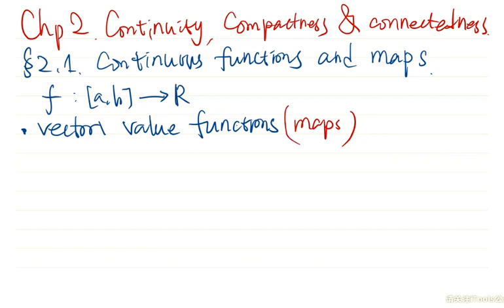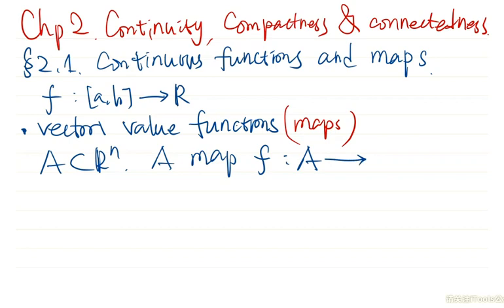Okay, suppose A is a subset of Rn, and a map F from A to another Euclidean space Rm.